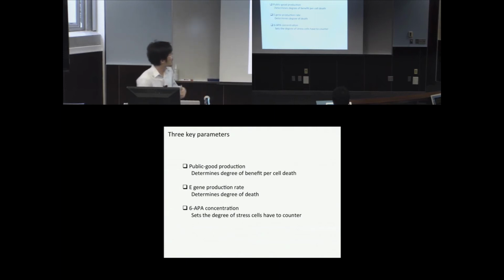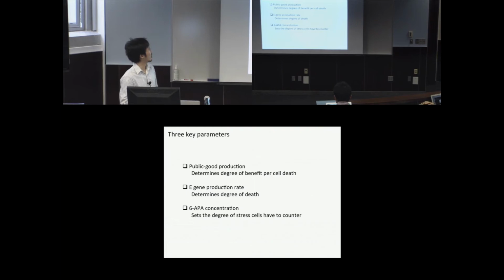As I described earlier, a nice thing about this system is that I can control critical parameters in a very controllable manner. So I decided to control three different things. The first is the degree of public good production, which determines how much benefit per cell death is gained by the population. The second is, as was just pointed out, E gene production rate, or death rate.